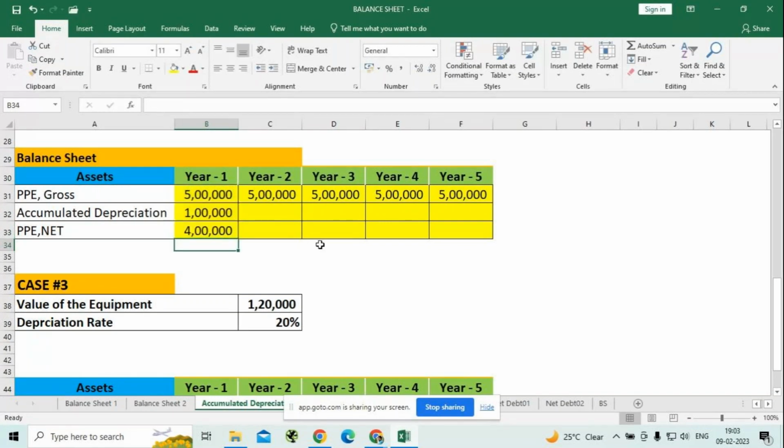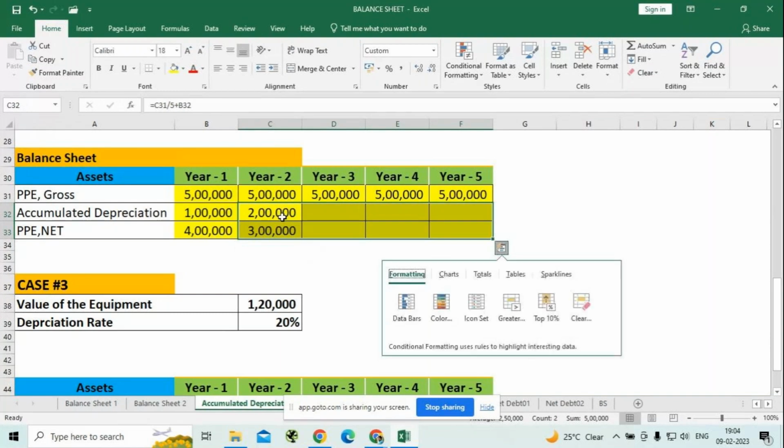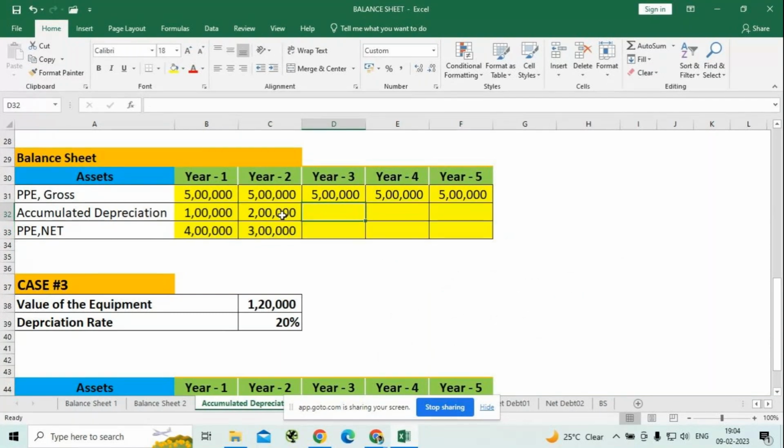From year 2 onwards, the depreciation value plus the previous year depreciated value, and this will be minus with PPE gross minus accumulated depreciation value, and so finally the last year it is going to be 0.